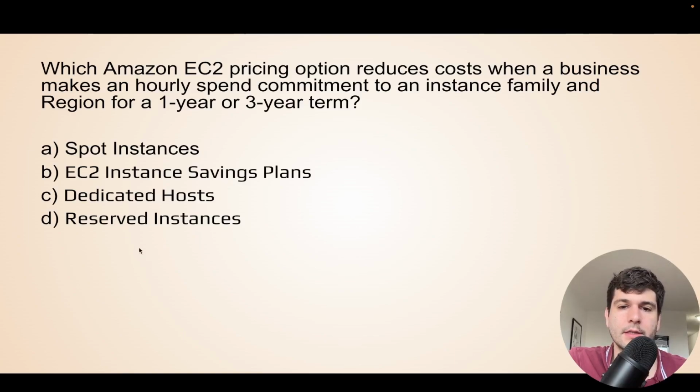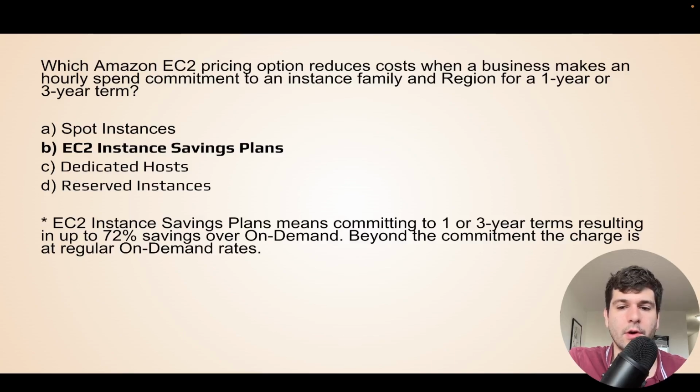Reserved instances do have commitments, but overall the most flexible and reduces costs when a business makes an hourly spend commitment would be B, EC2 instance saving plans, where you have 1 or 3 year contracts, and that could be 72% savings over the regular on-demand pricing.